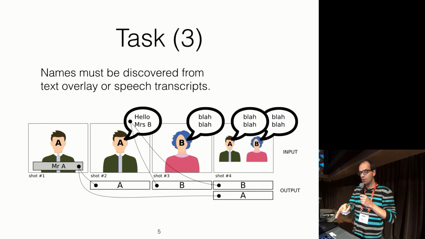For instance, in shot number 2, this guy is pronouncing the name of the lady just after. So this is the only way in this example to find the identity of Mrs. B. So no biometric models allowed.